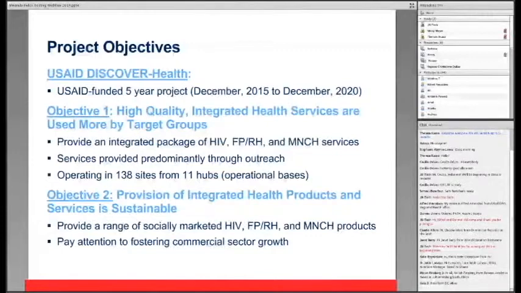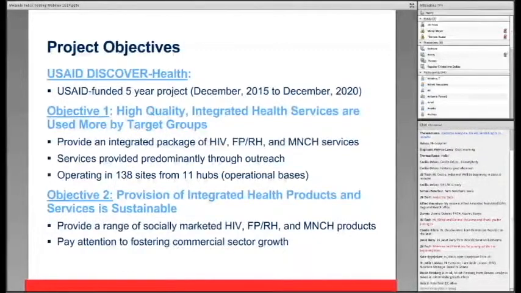So Discover Health is a 5-year project which was funded in 2015, and it's set to go all the way up to December 2020. We have 2 broad objectives. The first one is to ensure high-quality integrated health services are being used more by the target populations.